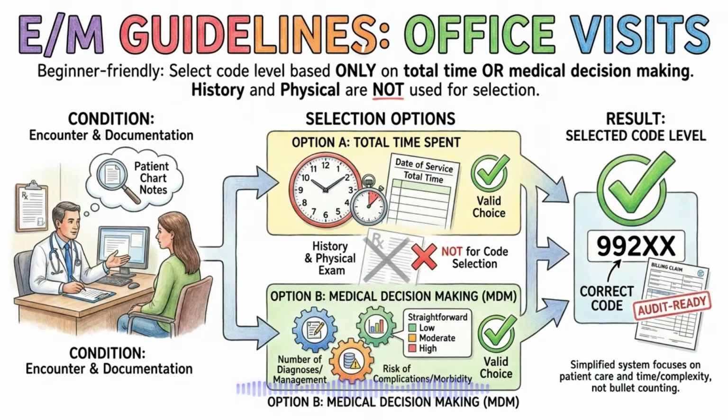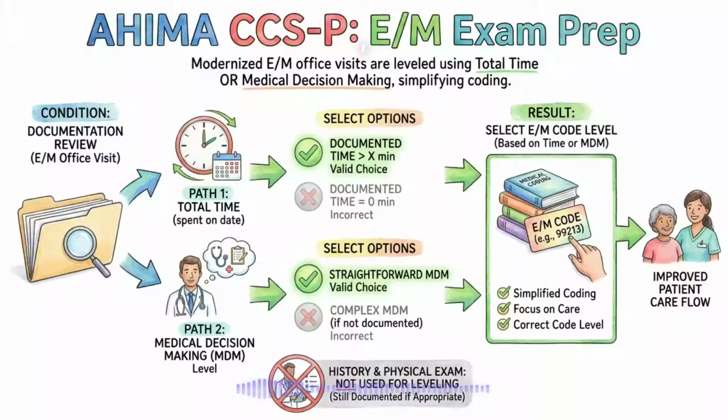When using time to select an E/M code, you must count the total time the provider personally spent on patient care during the exact calendar date of the encounter. This includes both face-to-face time spent in the exam room and non-face-to-face time spent reviewing records, ordering tests, or writing the clinical note later that day.